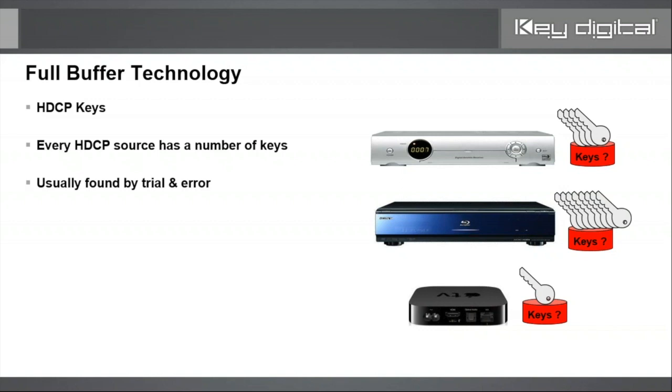Well, that meant that if this Gen 1 Blu-ray player went through a generic black box splitter that had no handling of the keys, the HDCP handling and buffering as we do at Key Digital, as I'll show you, then this source could work it out itself. It could work out that it could go up to 16 HDCP compliant displays. They could each negotiate their keys one by one.